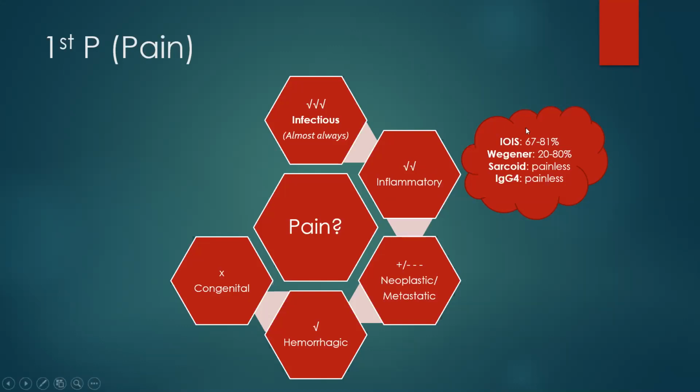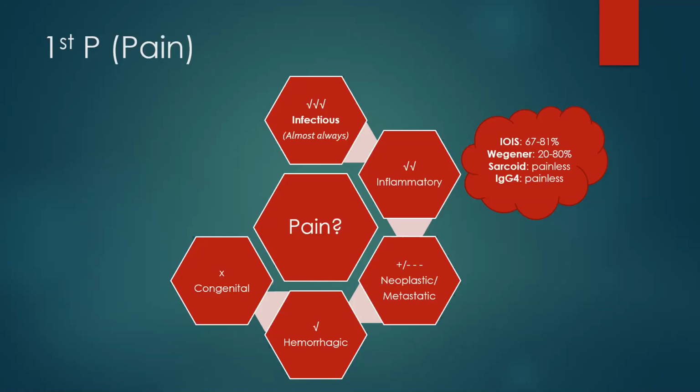So, for example, in idiopathic orbital inflammatory syndrome, the pain is present in 67% in the non-myositic form, and 81% in the myositic form. In Wegener disease, it's ranging from 20 to 80% according to different studies.